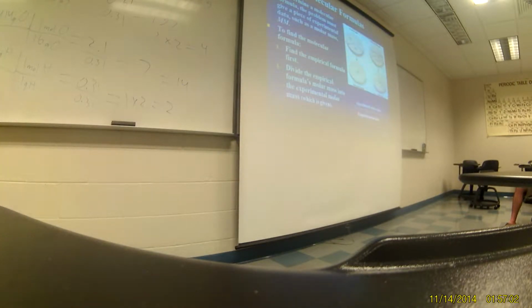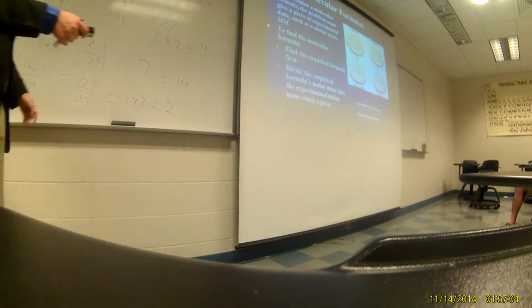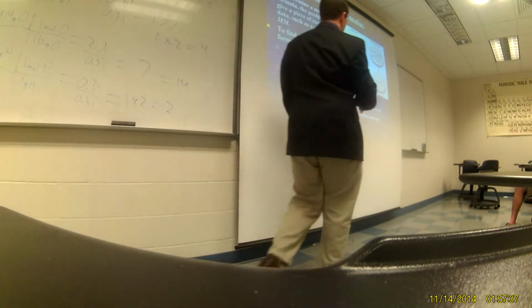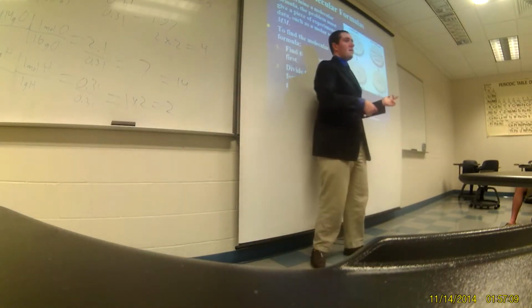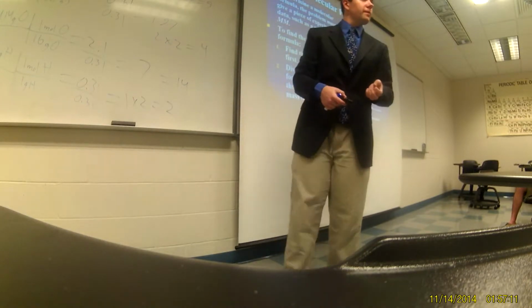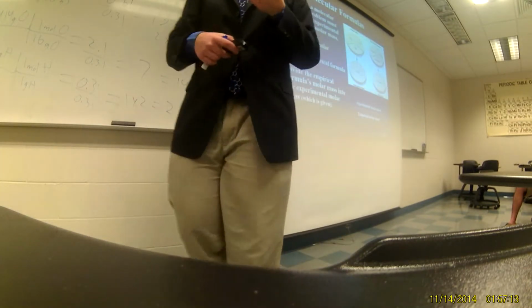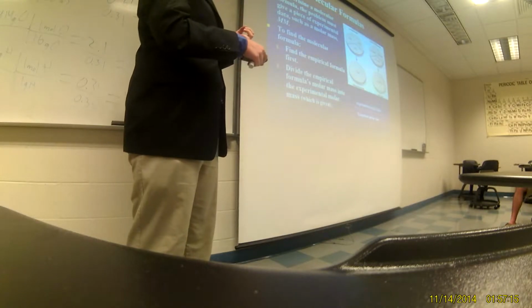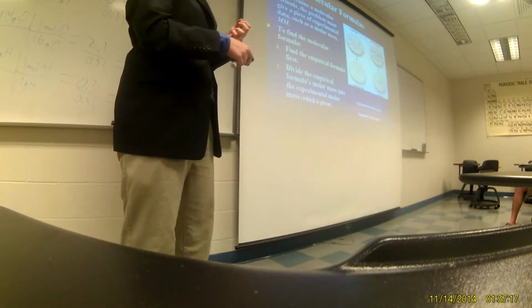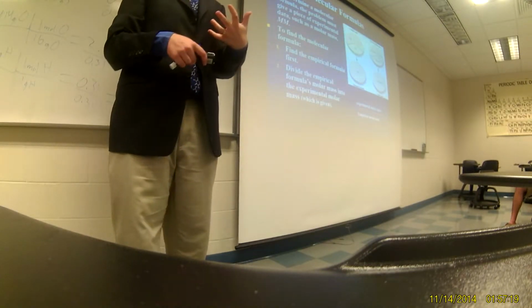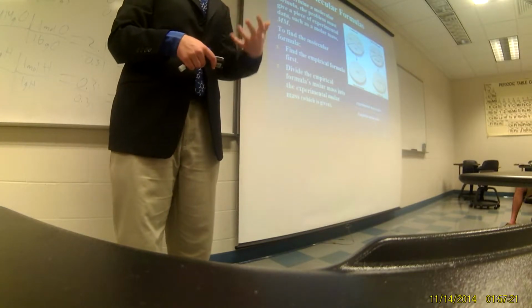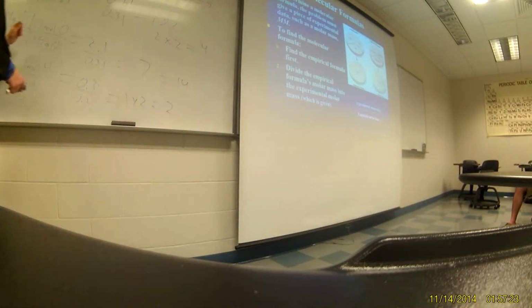You'll calculate the empirical molar mass, divide the experimental by the empirical, and you'll get a number. Let's say the experimental molar mass is twice as big as that. And so that divided by that is 2. That's simply telling you that your molecular formula is twice that. And so you multiply your subscripts by 2.